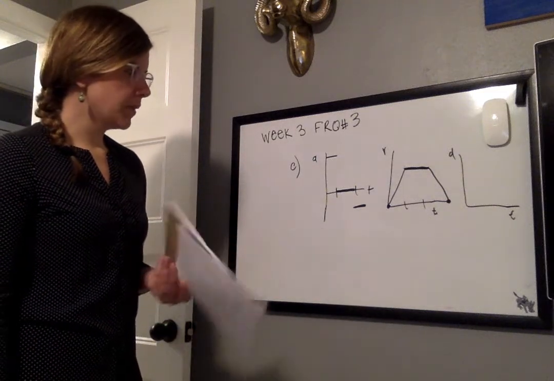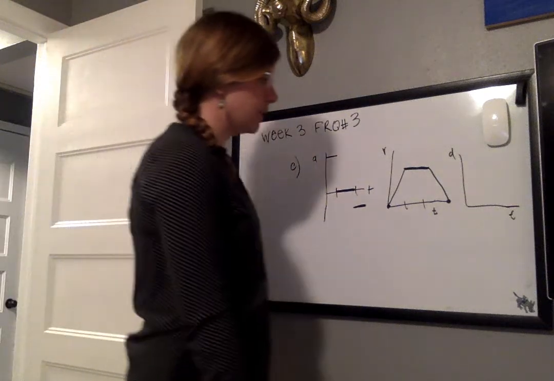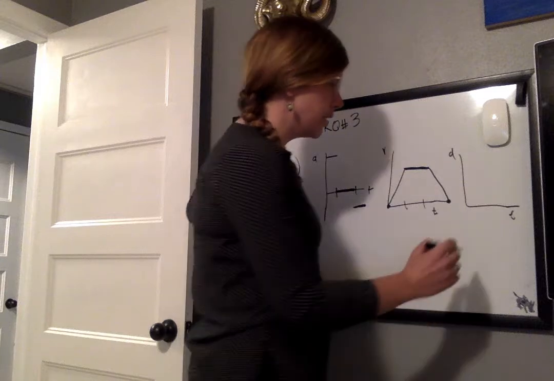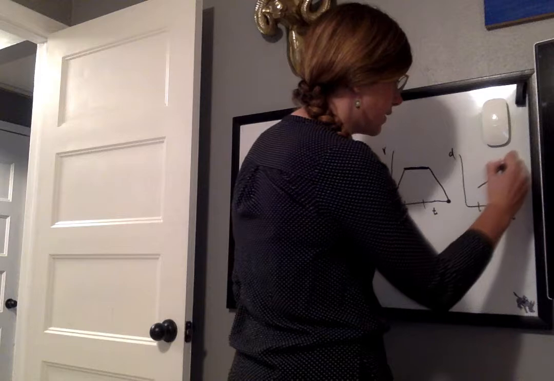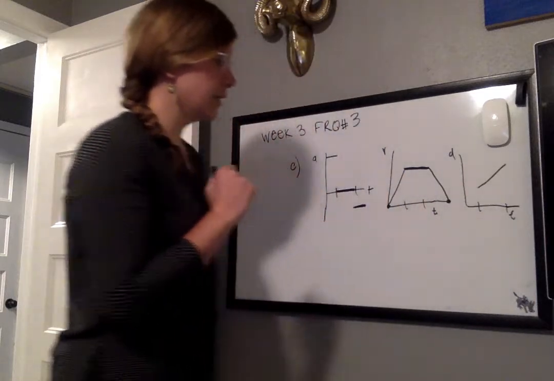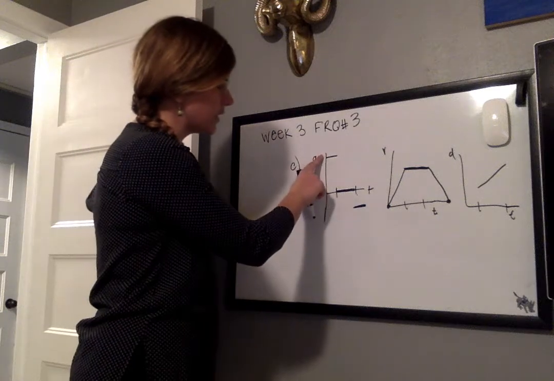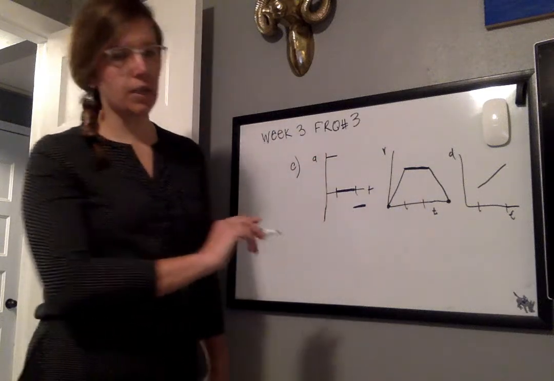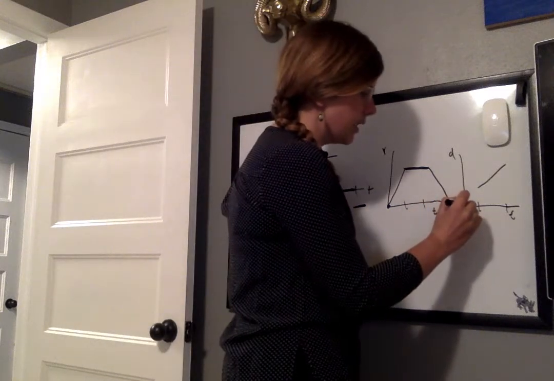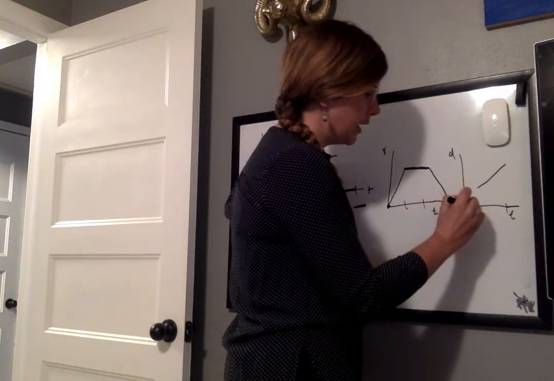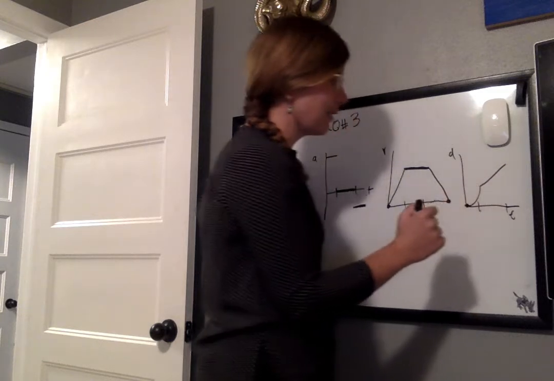Now we need to do our displacement time graph. In order to do that, we know in the middle again, it was increasing its distance at a constant rate. So I can draw a line like that again. However, in order to show a positive acceleration here and a negative acceleration there, we need to draw some type of curve. So here it started at 0, and it increased. It's my exaggerated curve.